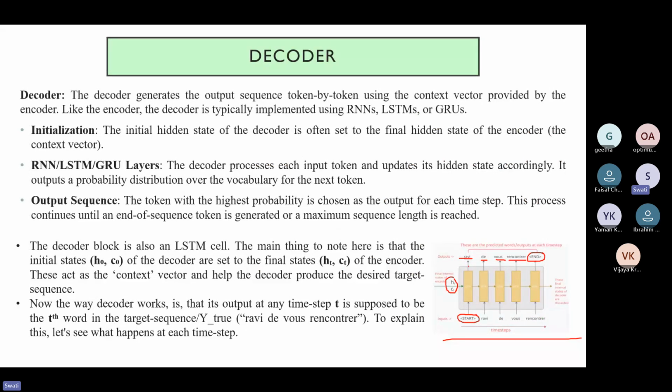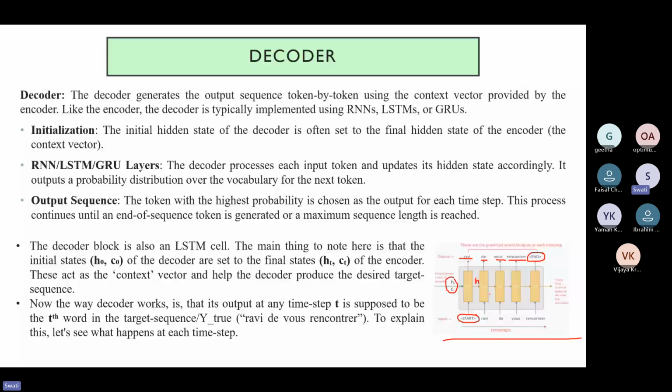Now the output is produced at each timestamp. And again, there will be some hidden states that will be updated at each timestamp. These will keep updating. Then again, it will take this hidden state and this output from the previous timestamp, take these two and give the output.